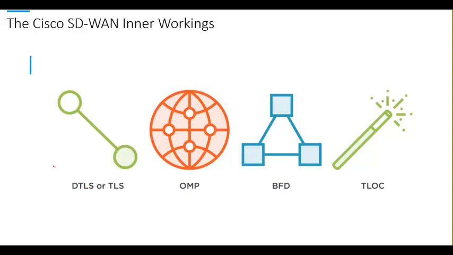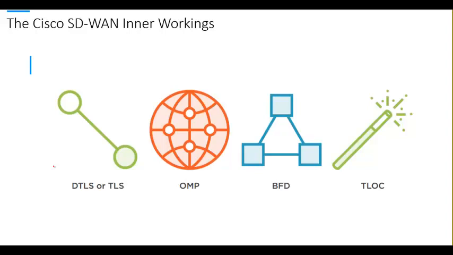Earlier I said a protocol called OMP, Overlay Management Protocol, that uses this tunnel, and SNMP or NETCONF. But the very basic important protocol is DTLS and TLS. What is the necessity? Why do we need this protocol?